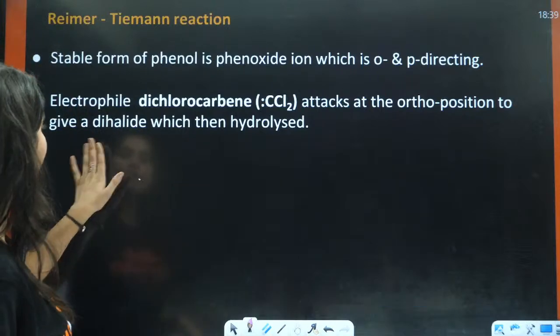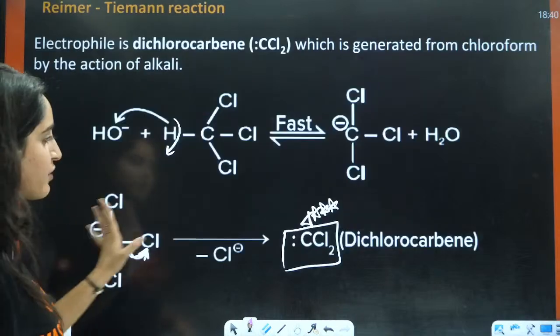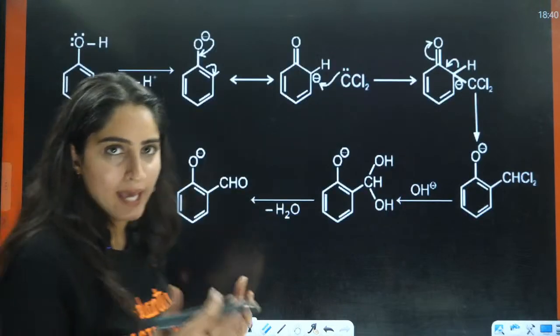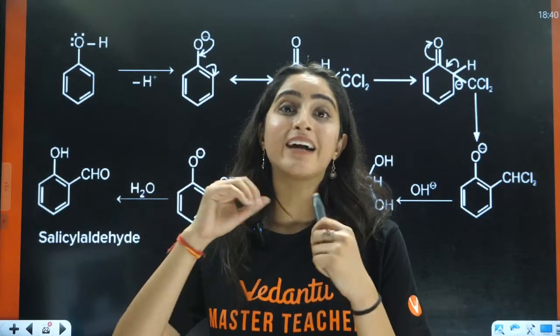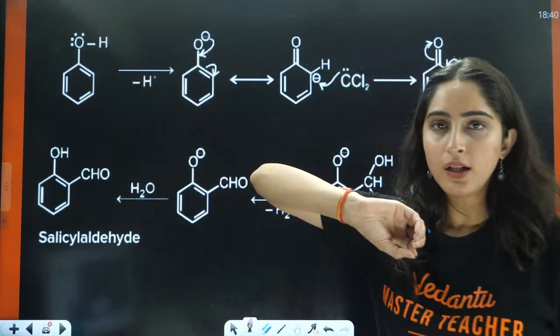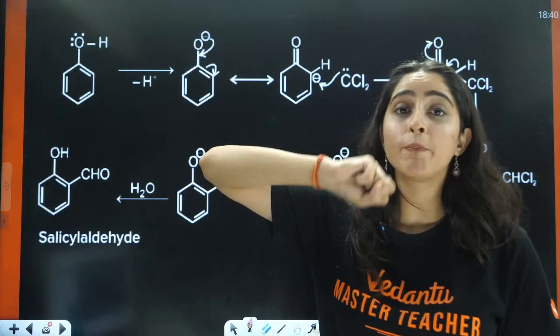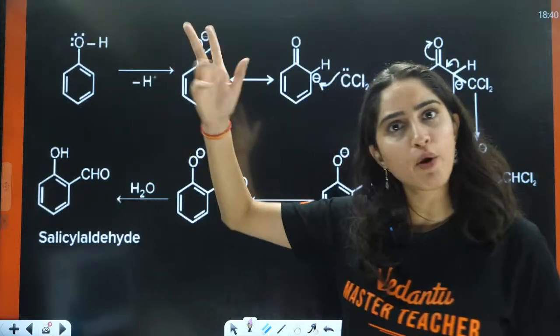Now tell me, in the Reimer-Tiemann reaction, firstly we have generated this dichlorocarbene. Now, what will happen again in the reaction? How will this electrophile attack? Let us see that. If we talk about this phenol, when you have KOH in the reaction, that means a base, this base is going to take out H positive from here as well.